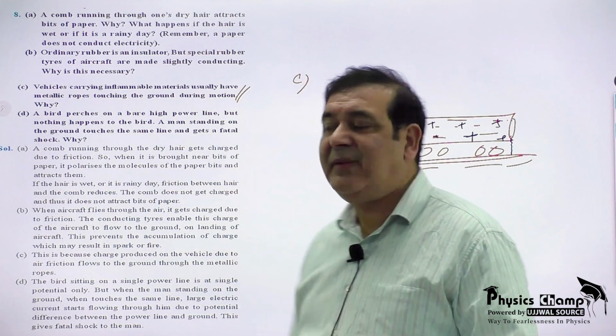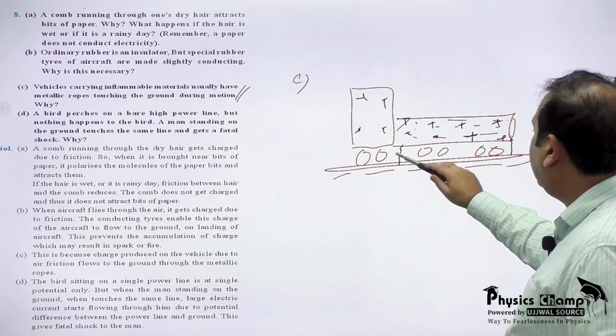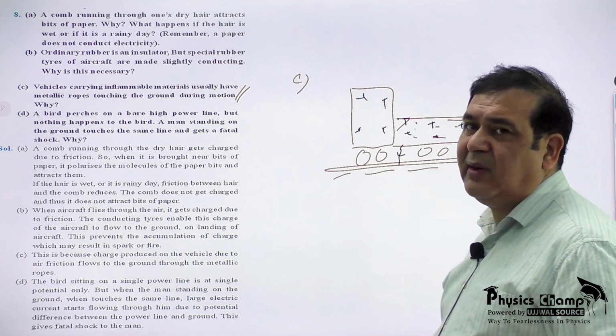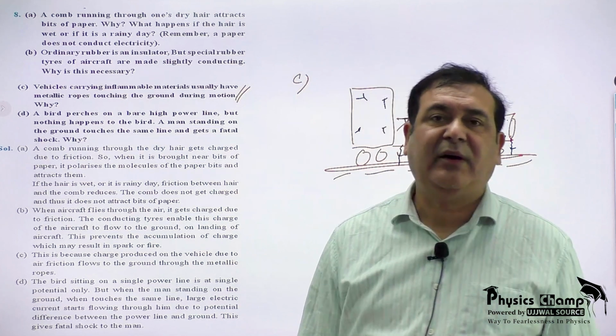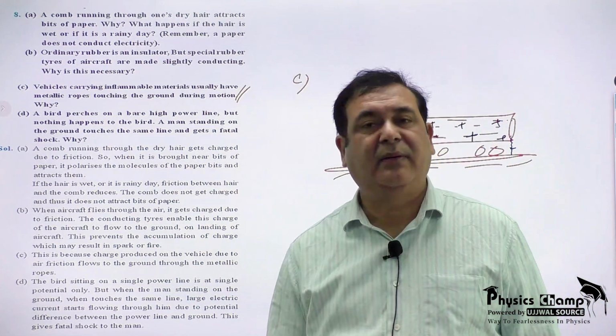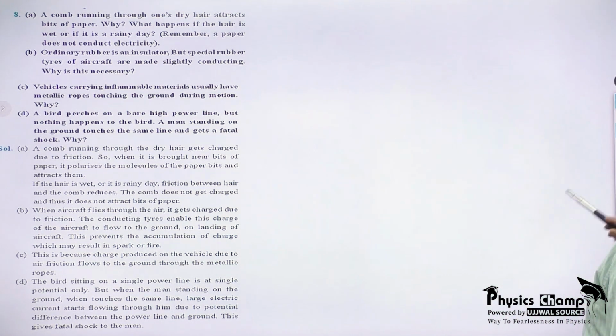So a metallic rope is there. This metallic rope will keep leaking the charge which is developed due to friction, and thus there is no heavy flow of charge at once and no heavy spark. So in order to avoid heavy sparks, these metallic ropes are hanging.